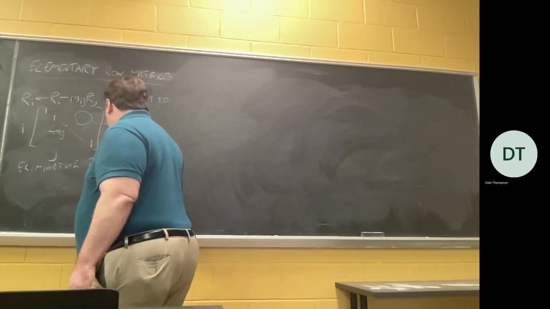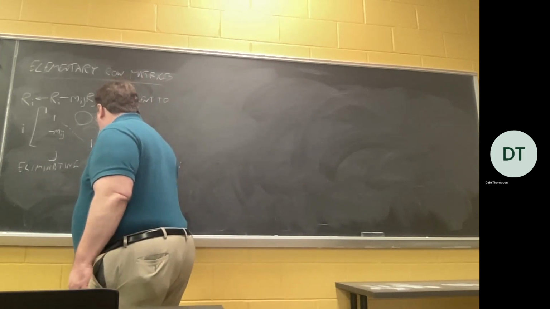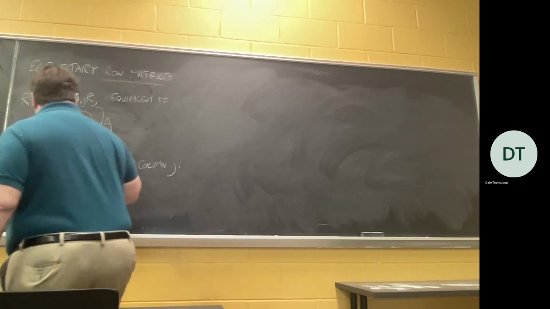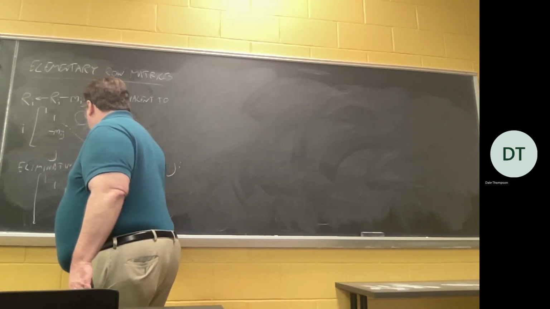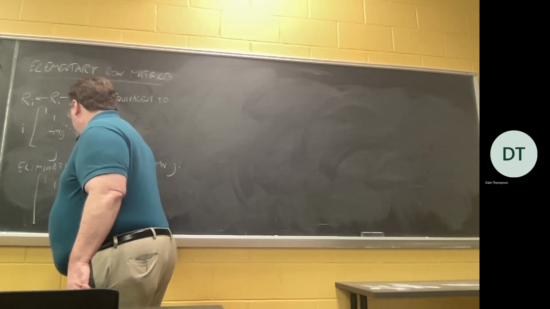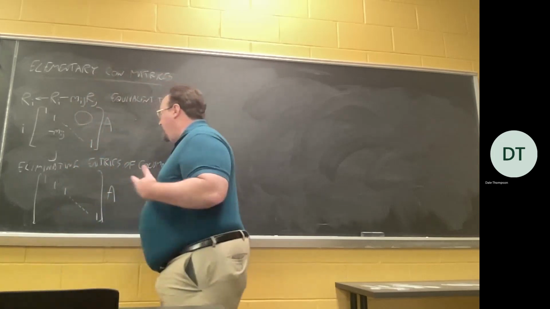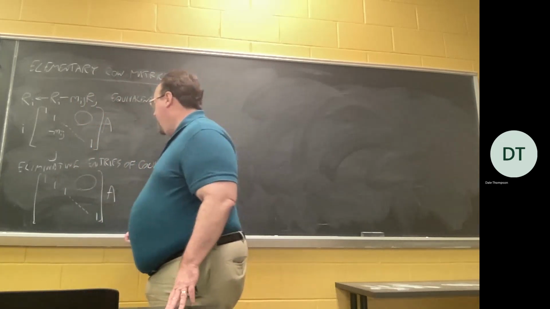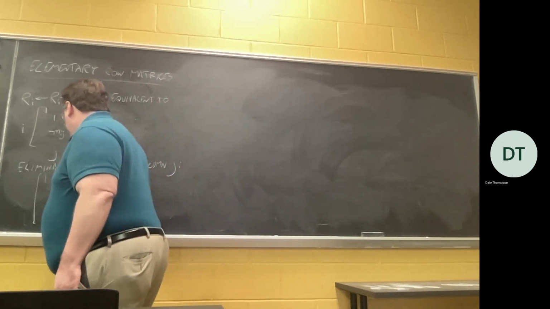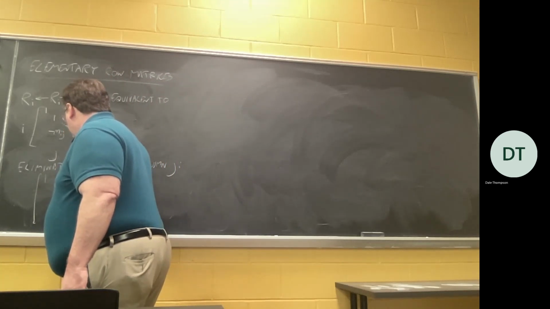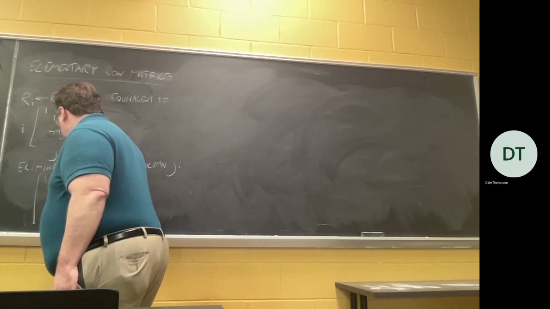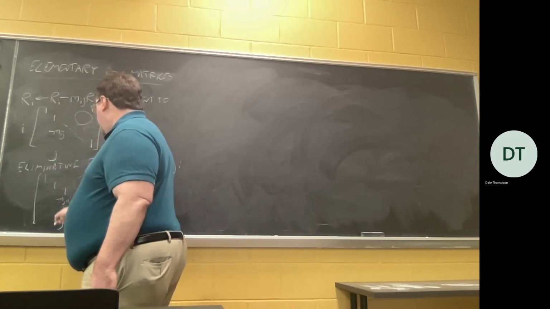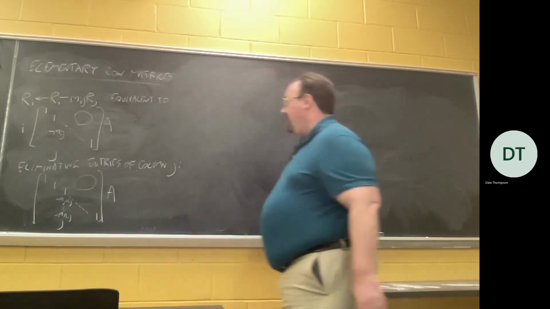So what you're doing in that case is equivalent to multiplying your matrix on the left by a matrix that is all ones down the diagonal, all zeros up here, and then in column j, you'll have all the multipliers negated, starting from row j+1 all the way down to the last row, row n.